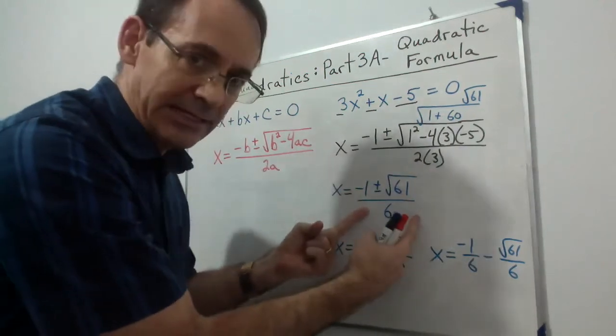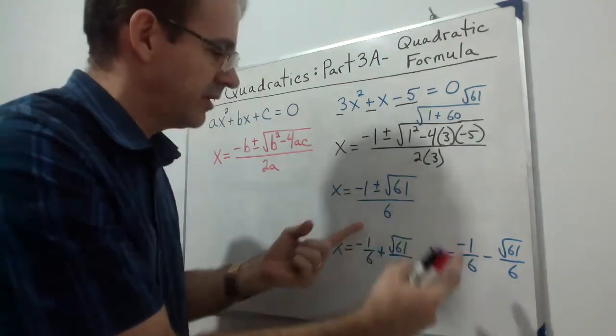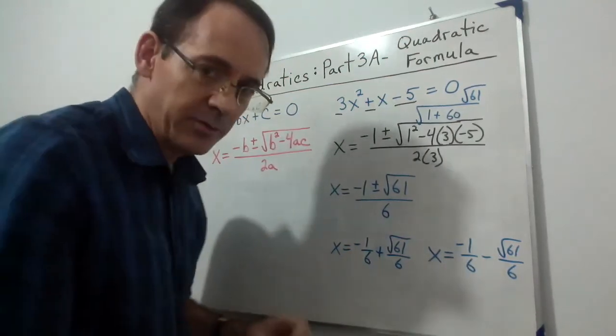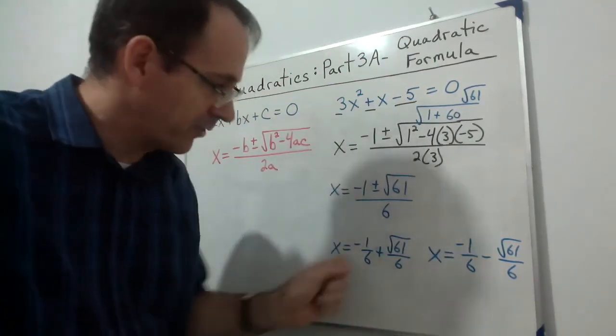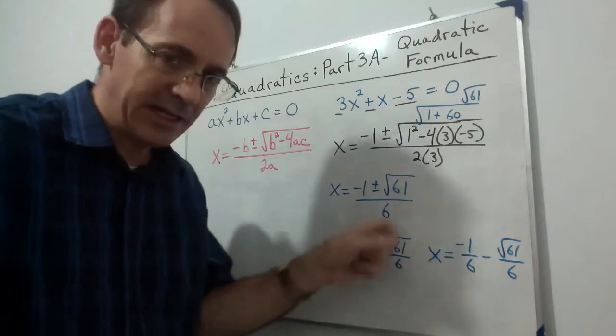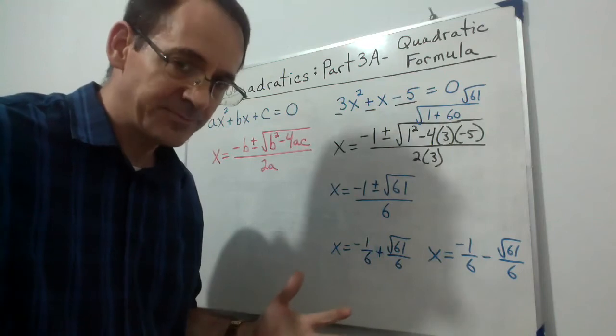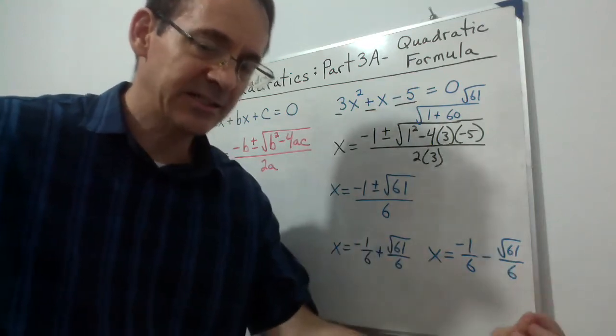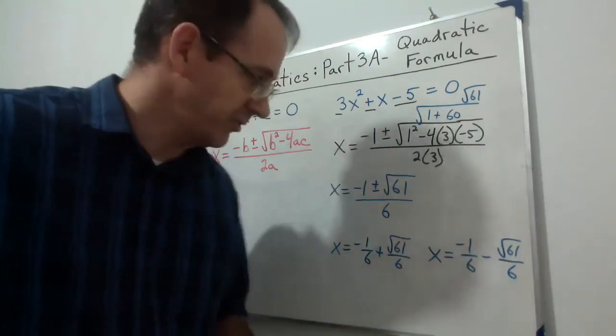You could leave it like this, that's fine. You could separate it out, that's fine. You could even distribute the 6. Now, if they're picky about the form, they might want you to separate it into rational and irrational values. So it really depends on how the question is asked or how they want the final answer to be.